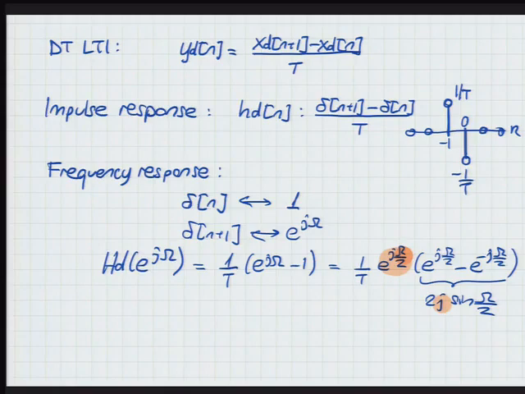If I were to sketch this as a function of omega, that is going to be sine, and it will start at 0, with slope 2 by t, and then reach 2 by t. So that's how the magnitude would look.